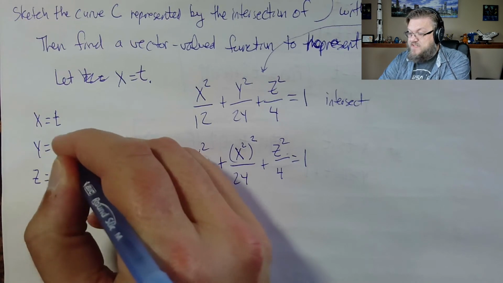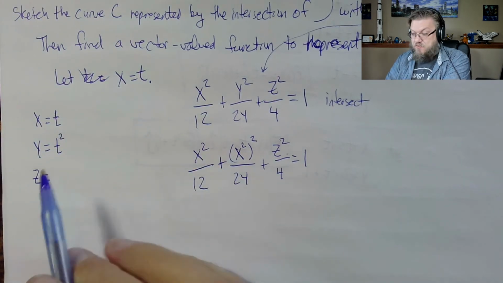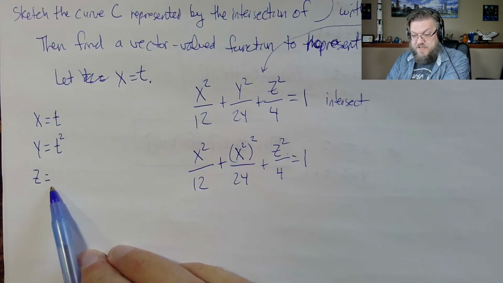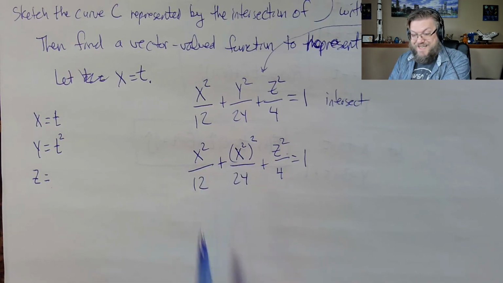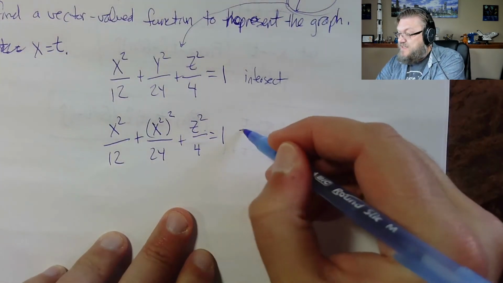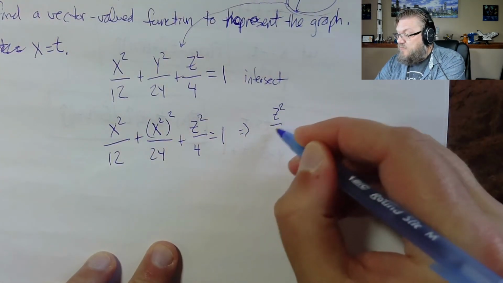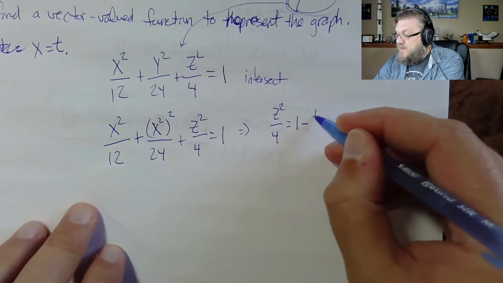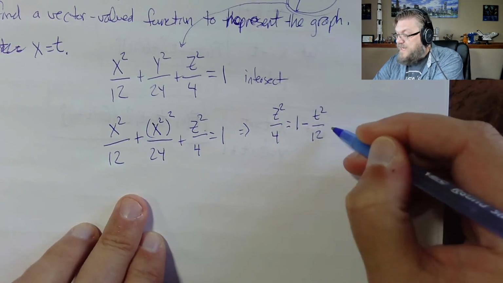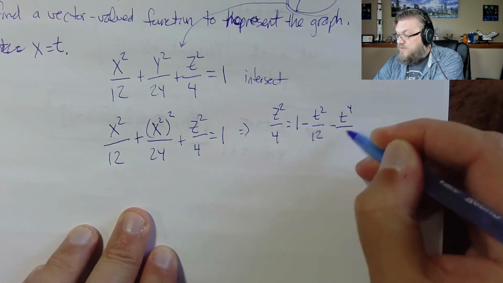So I already know what x and y have to be. The only thing left over is z. So now I can solve this for z, replace x with t, and then I'll get my form for z. So let's go ahead and do that. So I'm going to get z squared over 4 equals 1 minus t squared over 12 minus t to the 4th over 24.